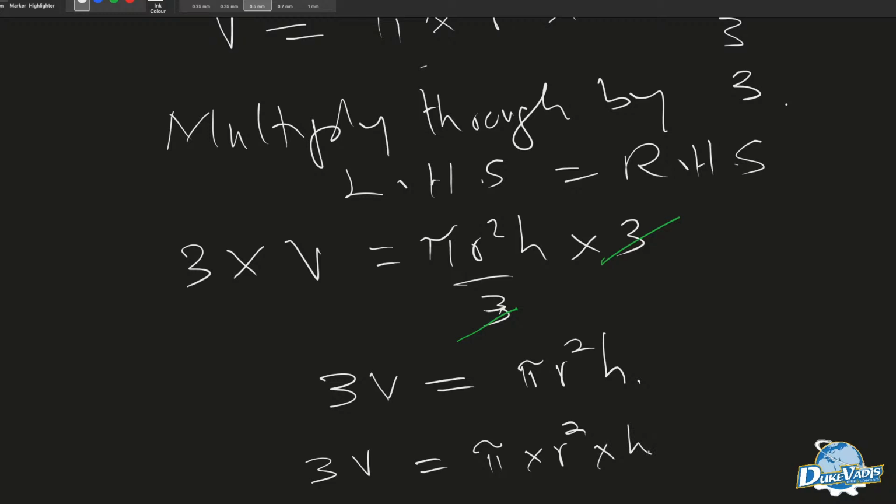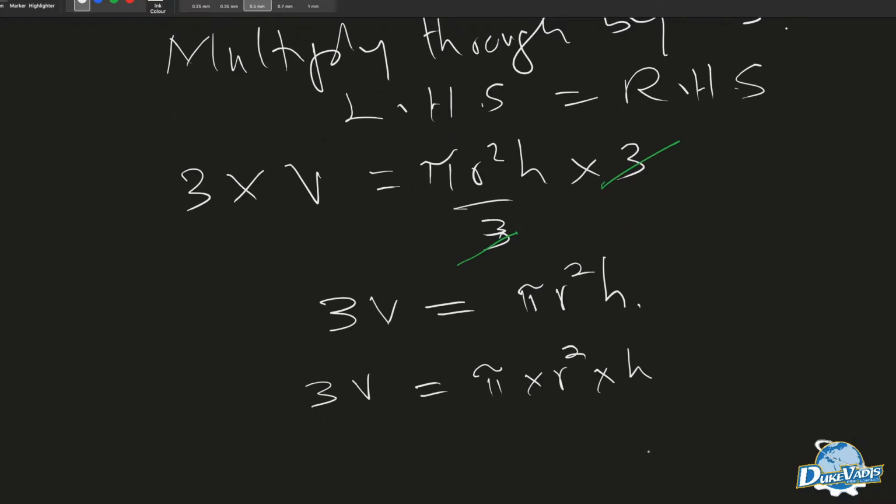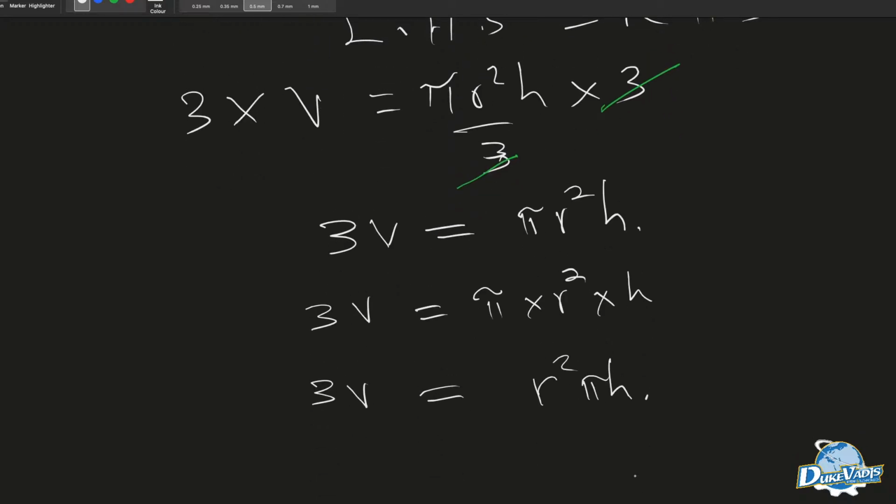Our interpretation also says that it is pi times r squared times h. Since they are multiplying, we can decide to say that 3V is equal to r squared pi h. You see, this pi h is a product of the two.